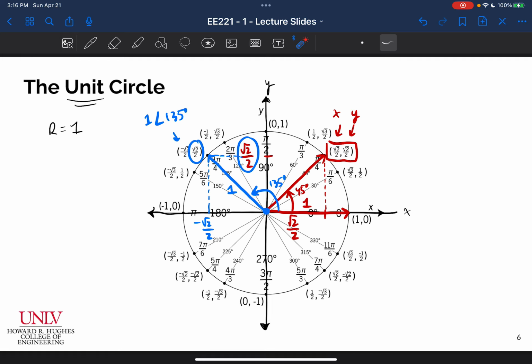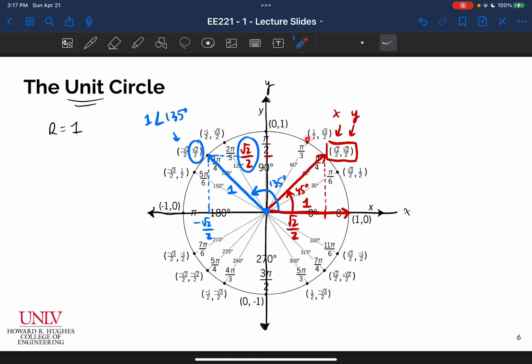Okay, and so when I'm looking at this point or this point, we can see I'm at negative 1 in the x direction, and I'm at 0 in the y direction. I'm at 1 in the x direction, I'm at 0 in the y direction. Okay, so if you already knew this, that is fantastic. If you didn't, now you do.